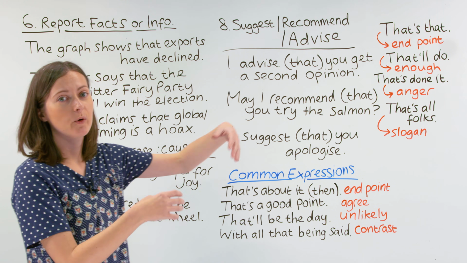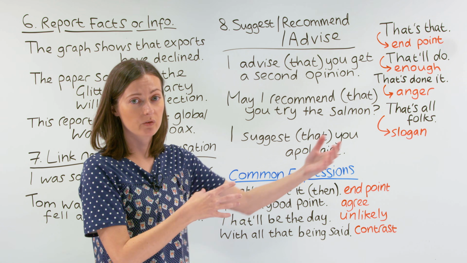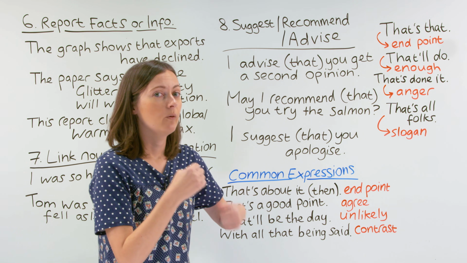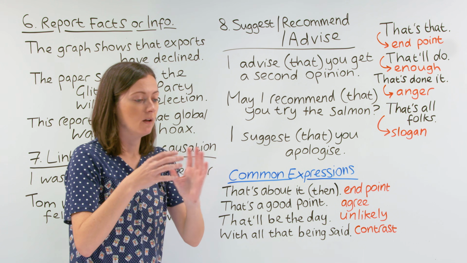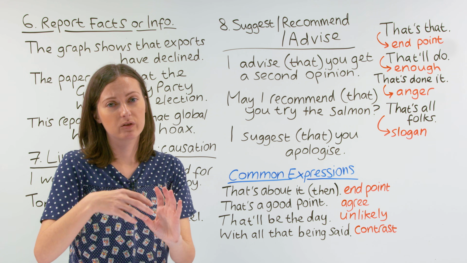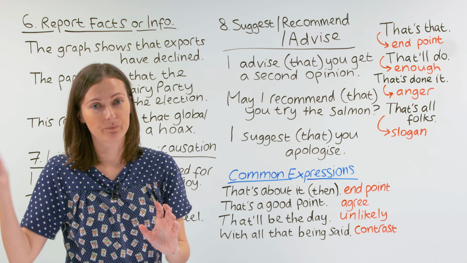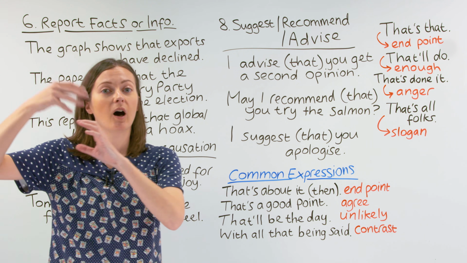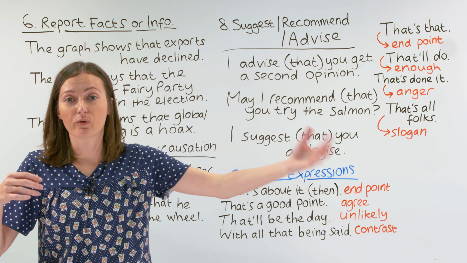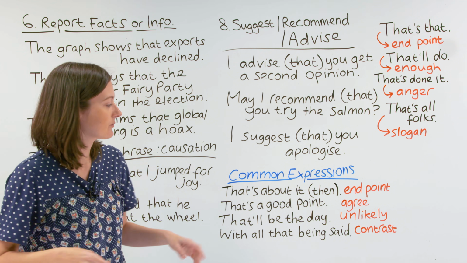Another one is, with all that being said, this is an expression we use after we've made a very long point and giving an opinion on something. We say, with all that being said, when we follow it with a contrasting opinion. Perhaps this opinion comes to us after we said everything before. It's the opposite.